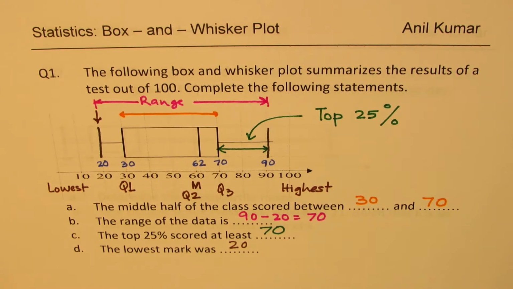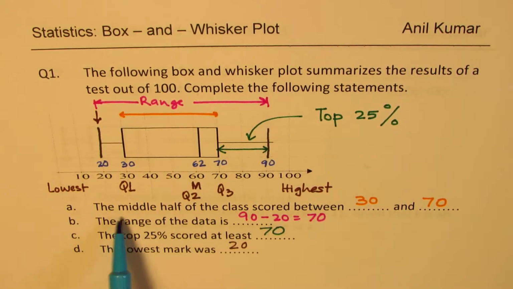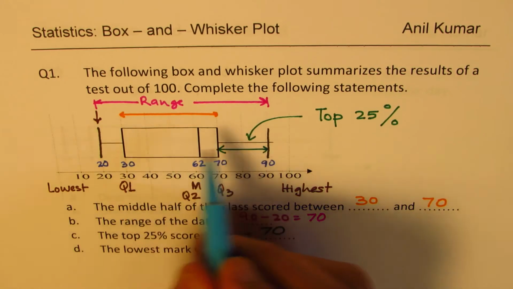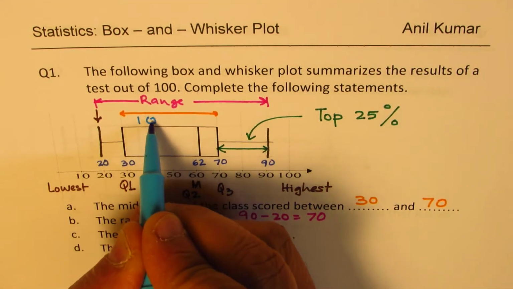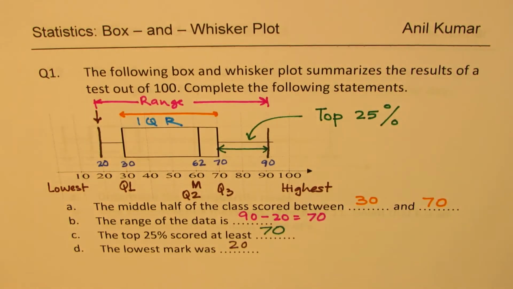Anything in between, which we represent as this particular data, middle half of this gives you interquartile range. So that is your interquartile range, right? Now these are important informations which are always there. So I hope that is absolutely clear, right?